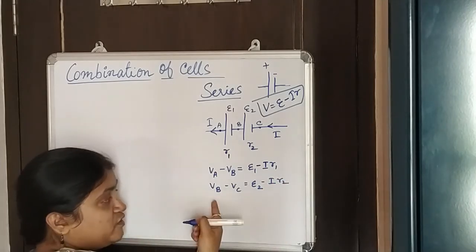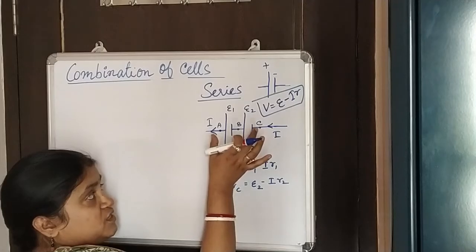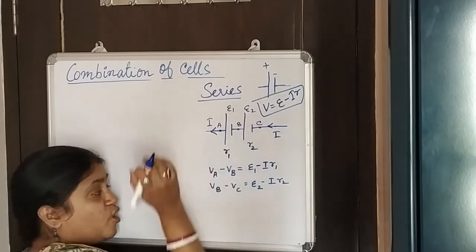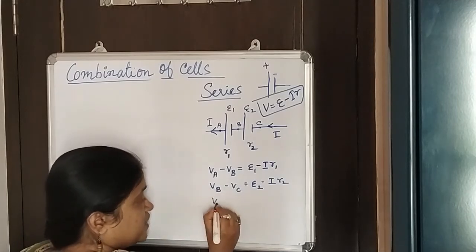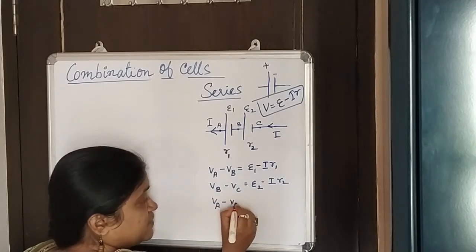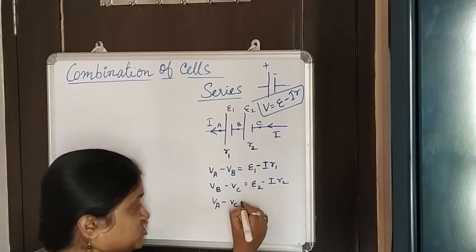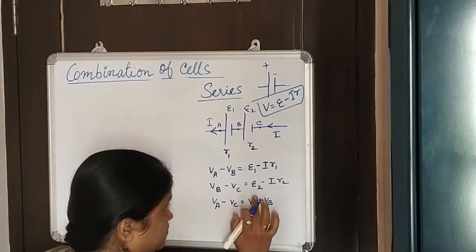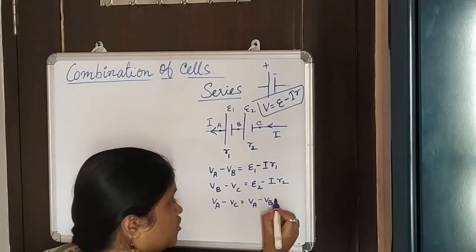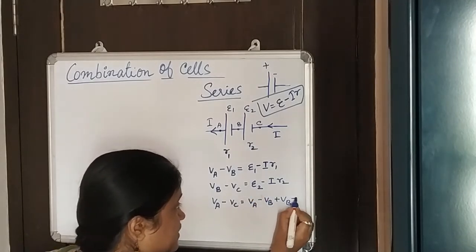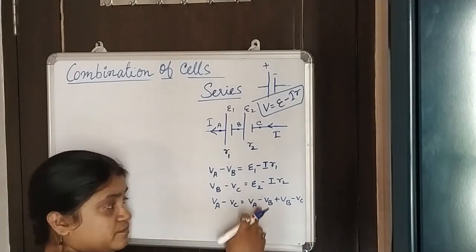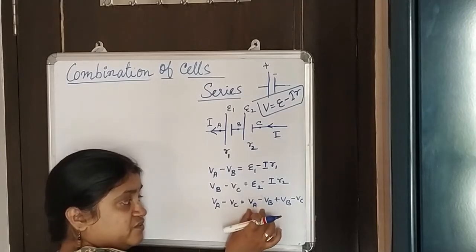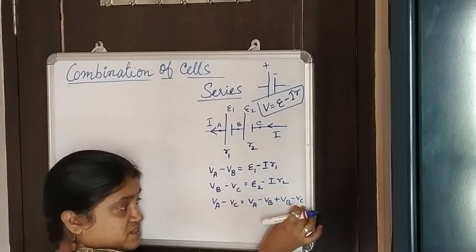Now when we have to calculate the total potential drop across this combination, I need to find VA minus VC, which would be VA minus VB plus VB minus VC. Plus VB and minus VB cancel each other, and finally we get VA minus VC.